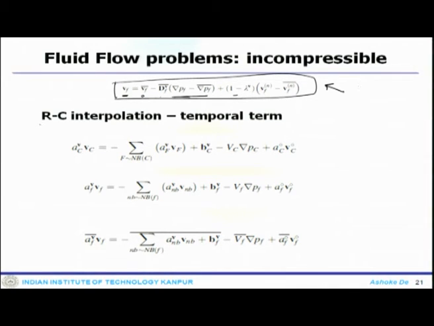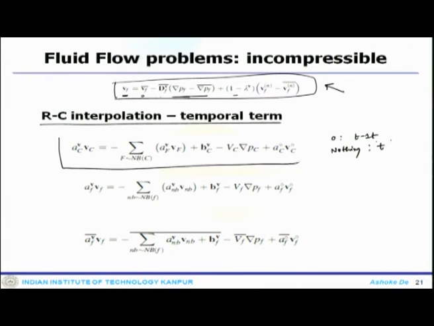Similarly, the same equations can get modified for the temporal discretization. When you have written the temporal term here, this stands for t minus delta t, or the previous time step, and the one with nothing stands for t, or the present time step.